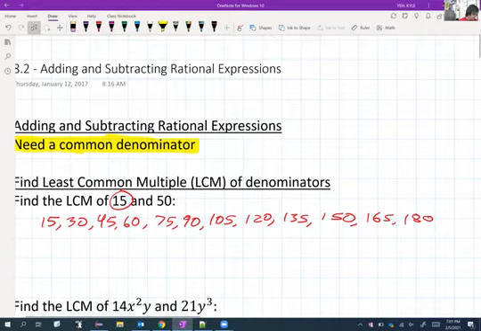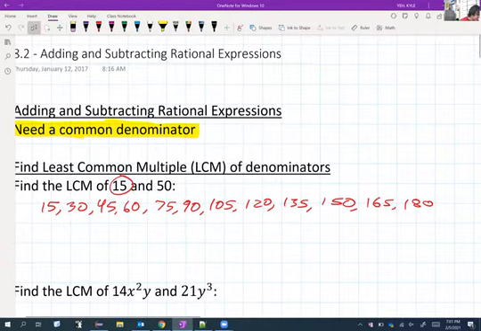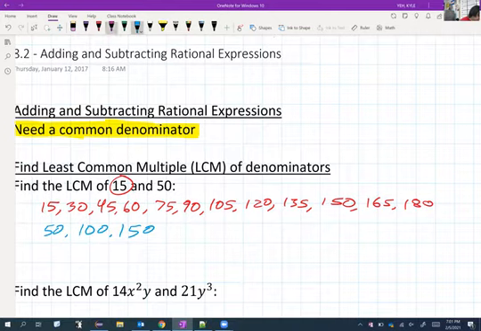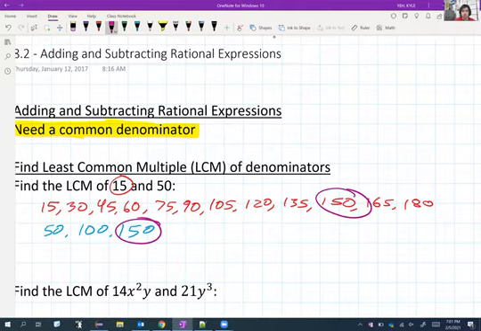And then for the next one, see if we can find any matches. So I'm looking at 50, 100, 150, and then of course we will see 150. So the least common multiple of 15 and 50 is 150.